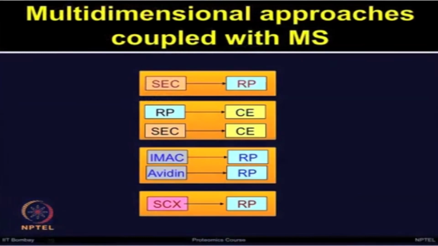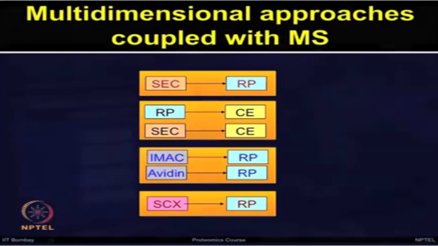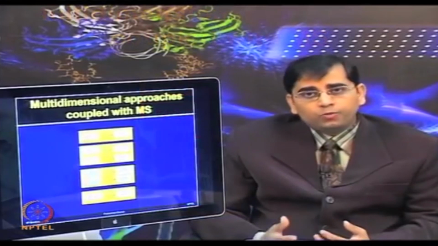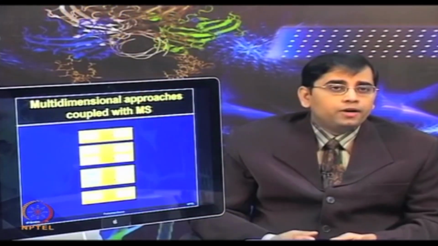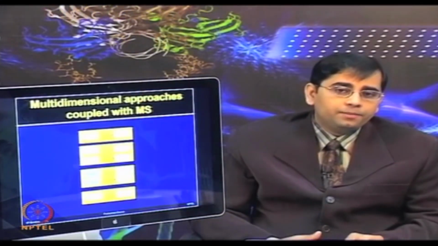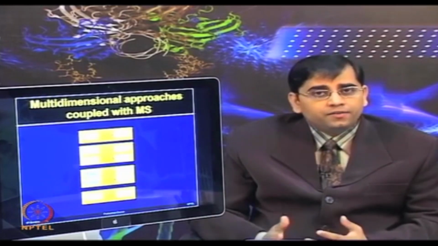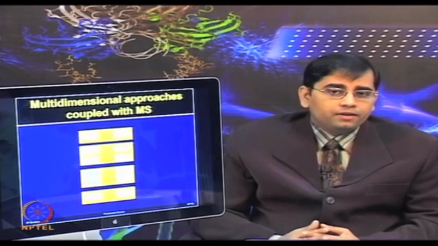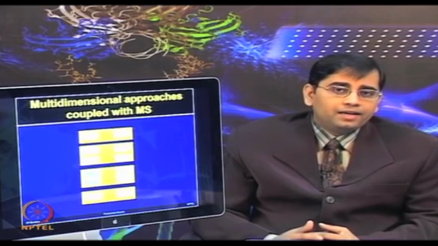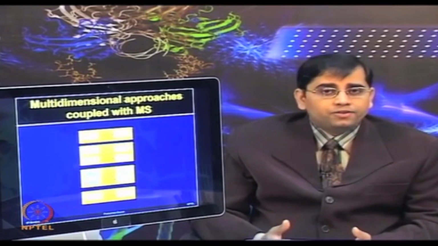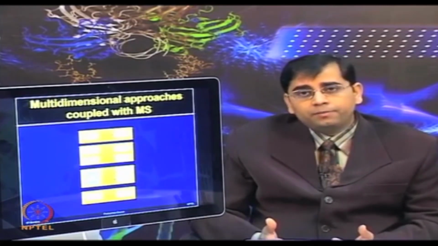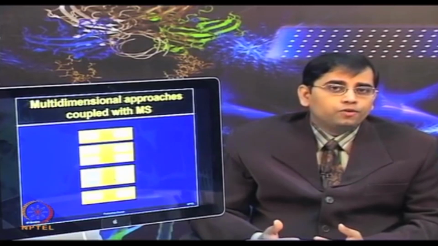A third combination, using affinity chromatography as the first separation followed by reverse phase, has been used, but what is most popular is strong cation exchange separation in the first dimension followed by reverse phase chromatography in the second dimension.